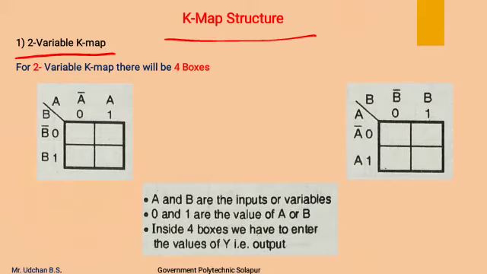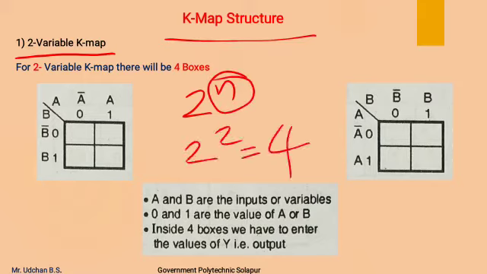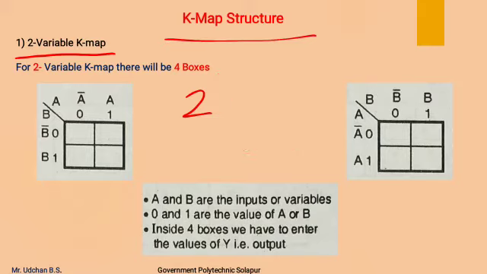In a 2 variable K-map there will be 4 boxes, using the formula 2 raised to n, where n is the number of variables. 2 raised to 2 gives you 4. So a 2 variable K-map contains 4 boxes. This is one method to write the K-map structure, and this is another method to write the K-map structure.